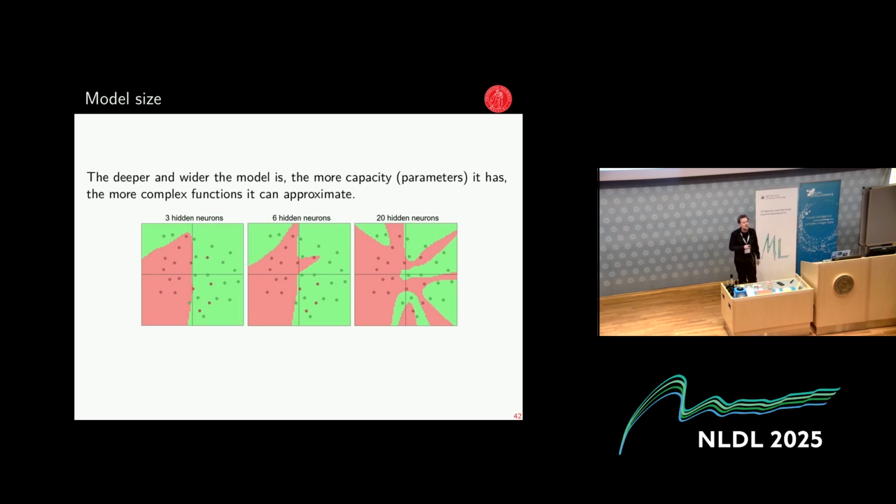It's quite simple, as you can see. But in the plot to the right, a model with 20 neurons can define much more complicated decision boundaries. And to solve real-world tasks, like, for example, creating a chatbot which can really talk to you, you need very complex decision boundaries.